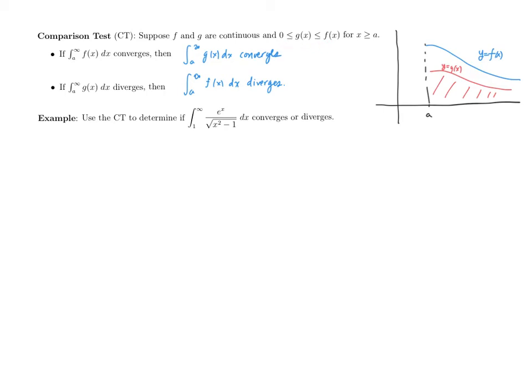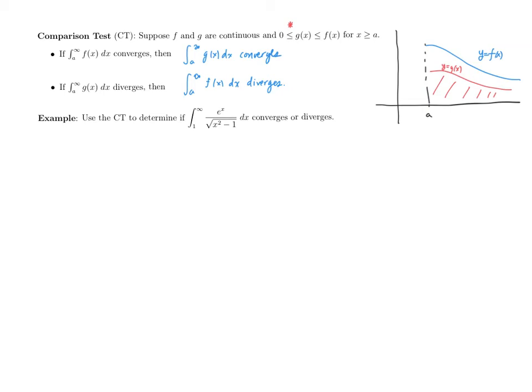And oftentimes, but not always, very frequently we will compare with these p integrals. And before getting too specific with this example, let me make an observation above that it is extremely important that our functions are positive. That's the only way we're allowed to make this geometric observation.